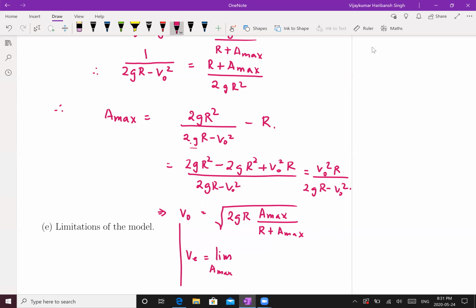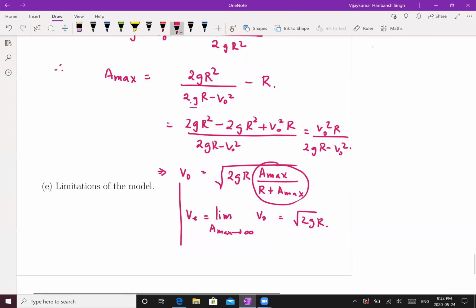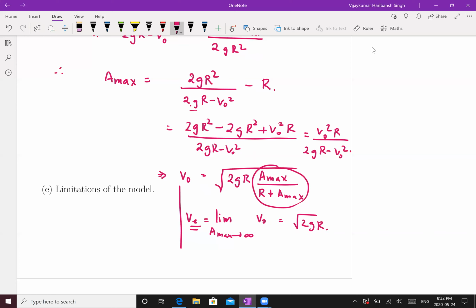What does escape velocity mean? It means the maximum altitude should go to infinity. So let's take a max going to infinity of this, and this will become 1. So you get the square root of 2gr. So the escape velocity is v equals square root of 2gr. That's how we found the escape velocity.